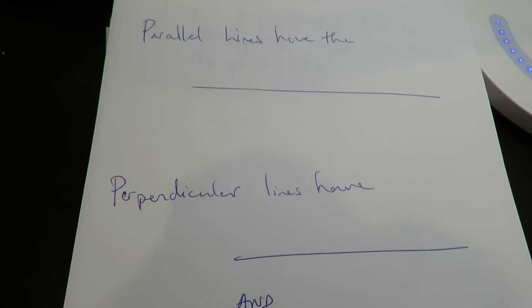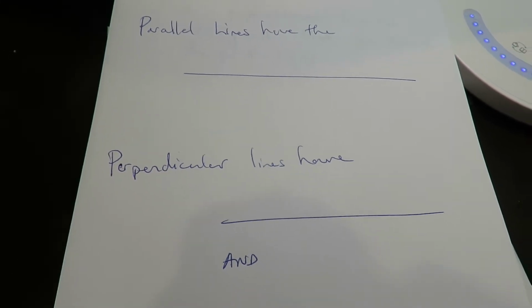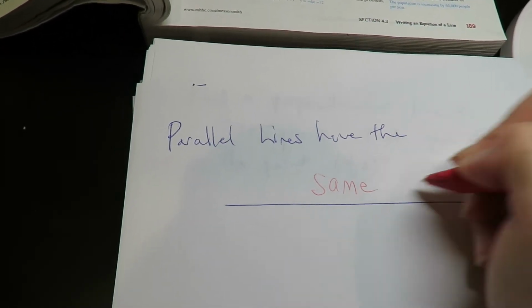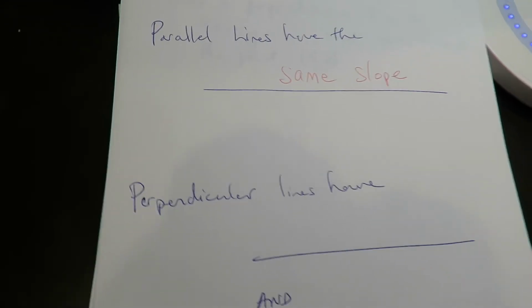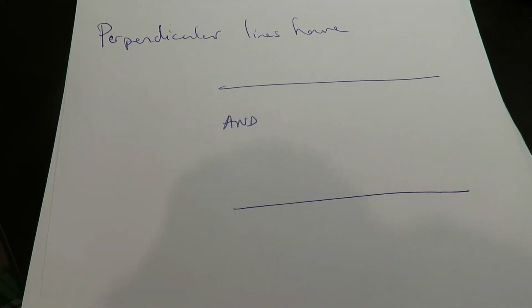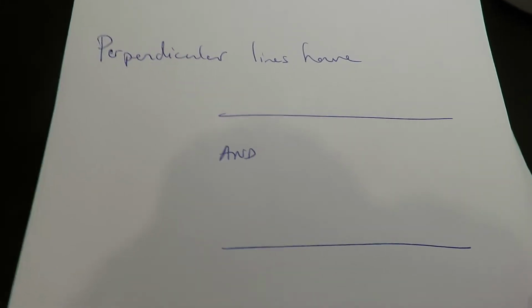All right. Let's go over slope in terms of parallel and perpendicular lines. Parallel lines have the same slope, and perpendicular lines have blank and blank in terms of the slope. You know this one? This one's a little more tricky.